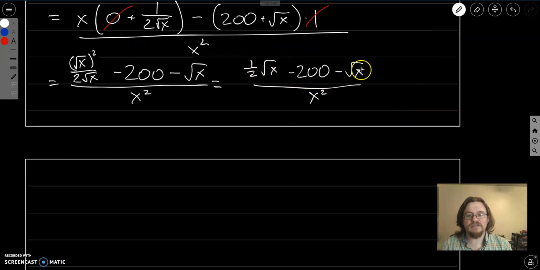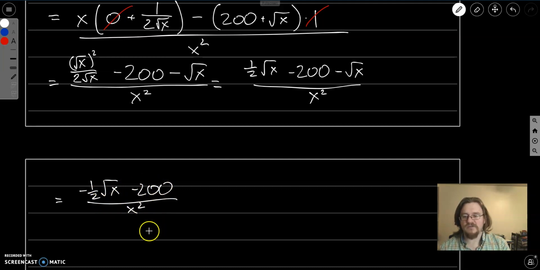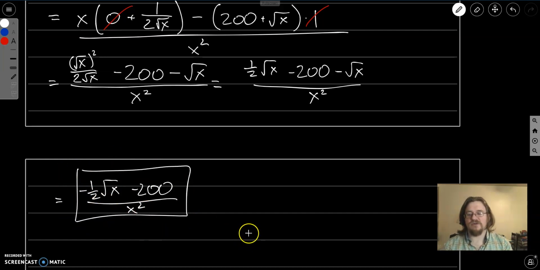So 1/2 the square root of x minus the square root of x will be minus 1/2 times the square root of x, minus 200, all over x squared. And this is pretty much as simple as I'll be able to make it. So there we go. Sorry, this is going to be the rate at which our average cost is changing.